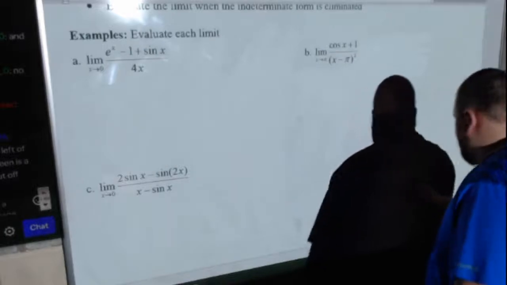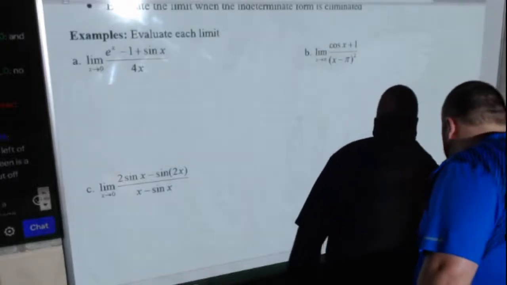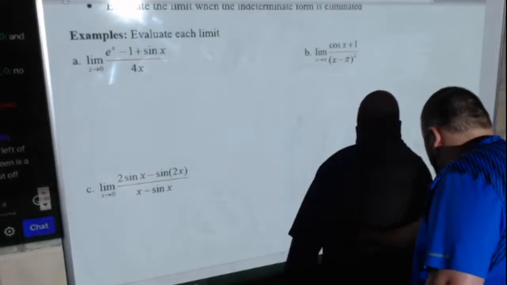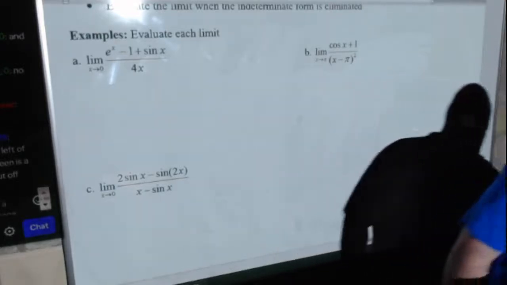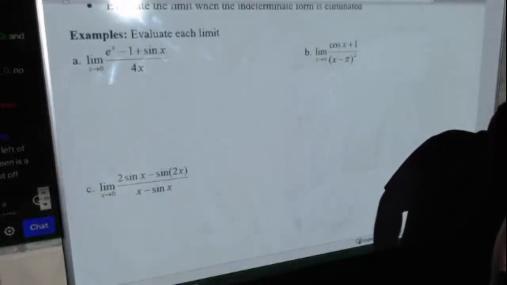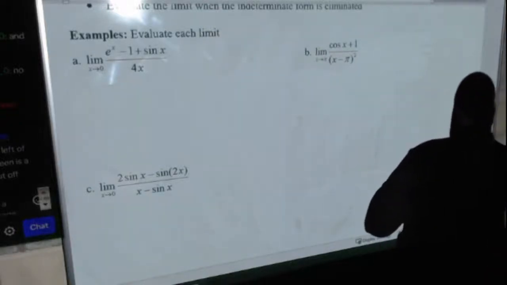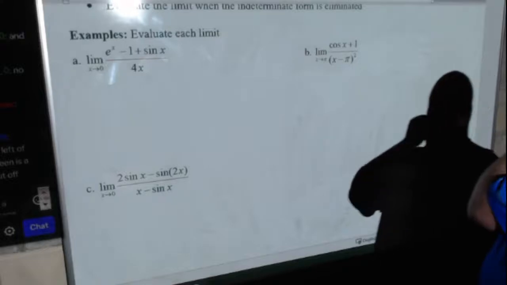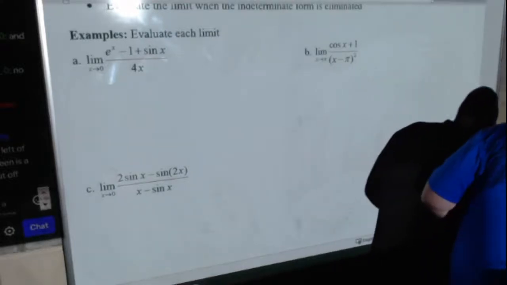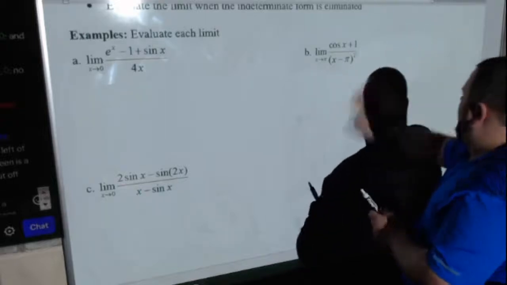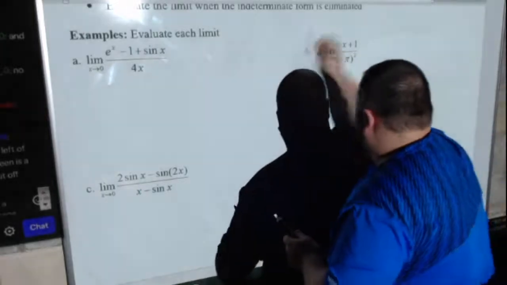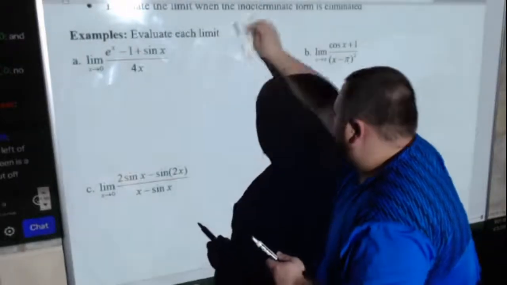Alright, so I wanted to demonstrate one that came out as infinity over infinity. So we had the problem yesterday. Let's see if this marker works. That we had natural log of x over x squared as x went to infinity.